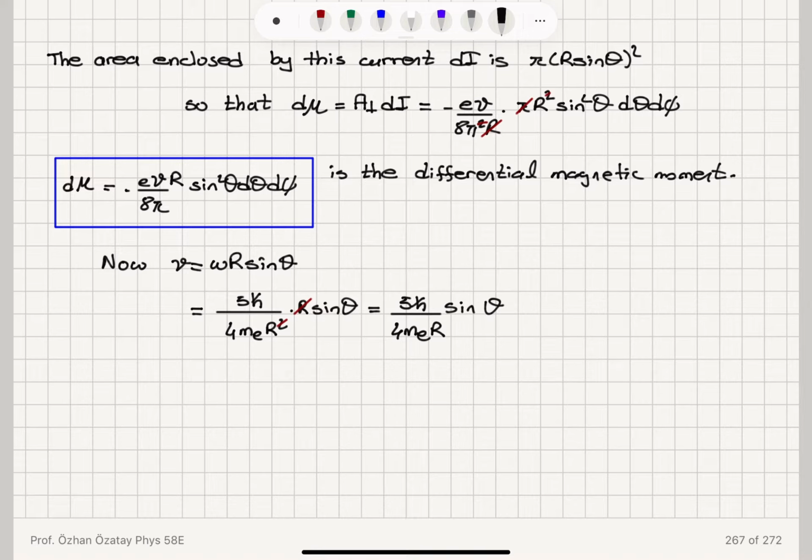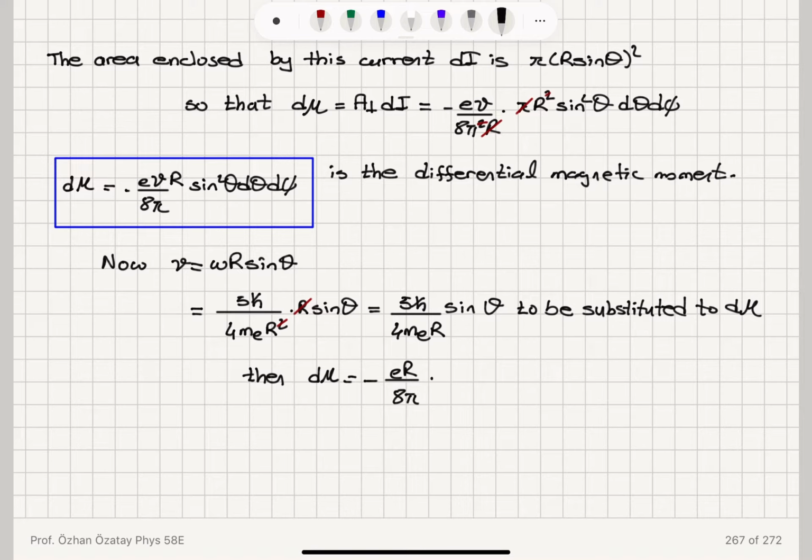So this v we can substitute to the d mu expression, then we can write d mu as, so we have minus e R over 8 pi to start with in front of v. So we have minus e capital R over 8 pi.